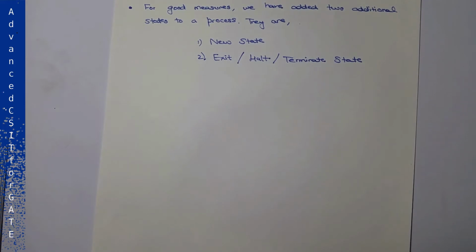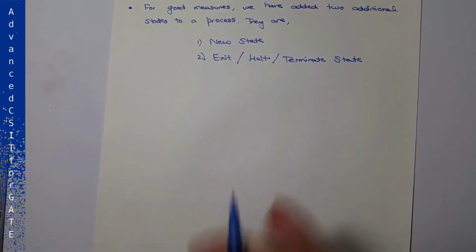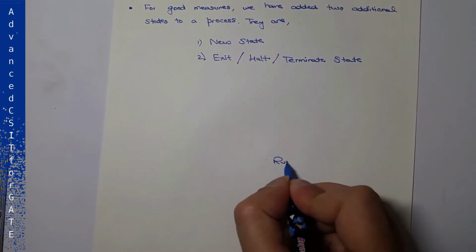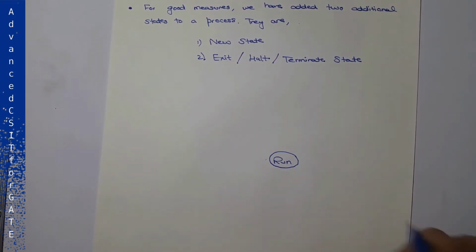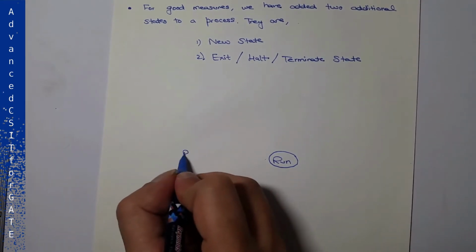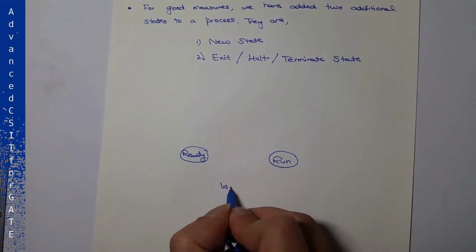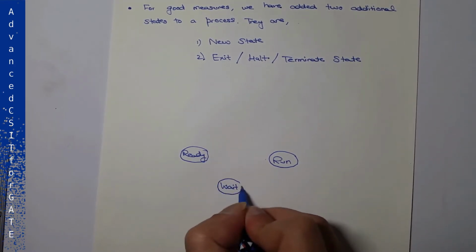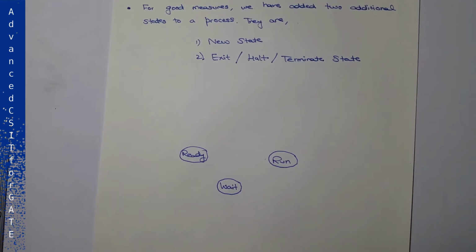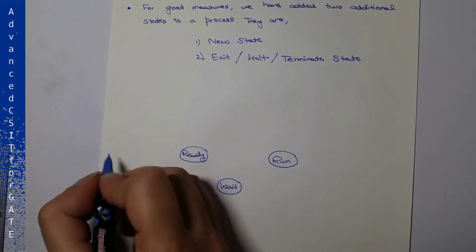So let's draw the state diagram for the 5-state diagram. And in this the running state will remain same, since we changed nothing with the running state. We just split the not running state into two parts. Those are ready state and the waiting state. We added two new states.